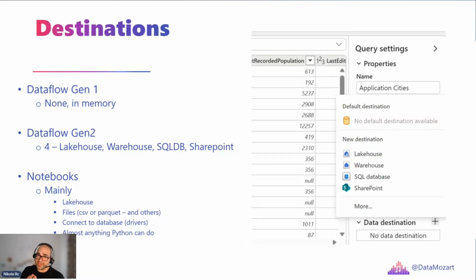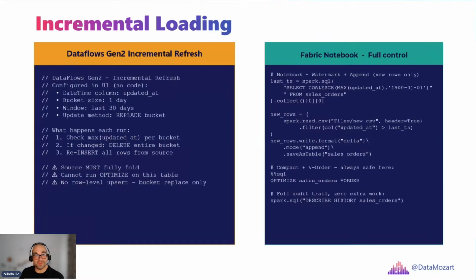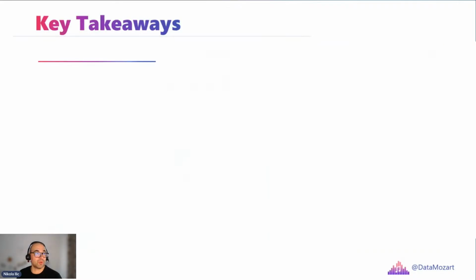I'm not sure if they added something in the meantime. Notebooks will mainly write into the Lakehouse, although you can also store data as files. There are certain drivers that you can use to connect to databases, and you can do essentially anything inside the notebook that Python can do. For incremental loading, I already explained how it works and why notebooks are the winner here, absolutely, with full control.